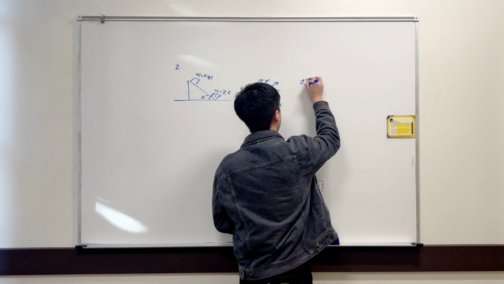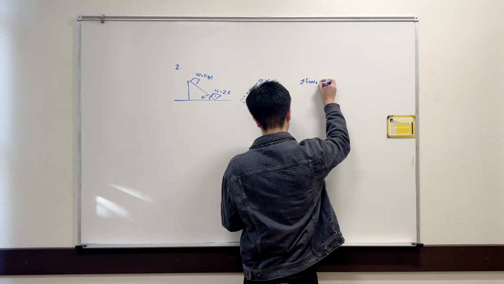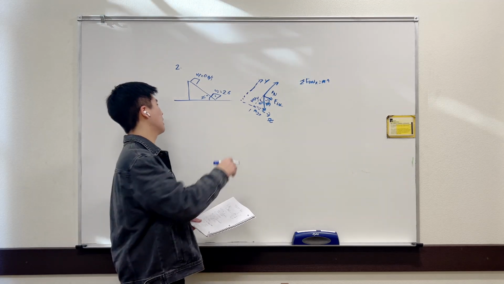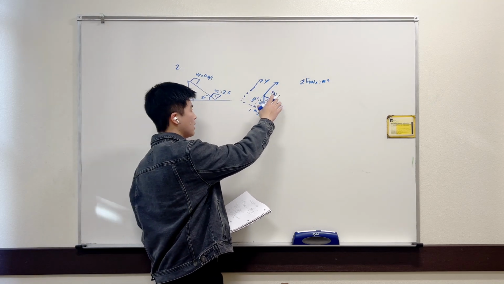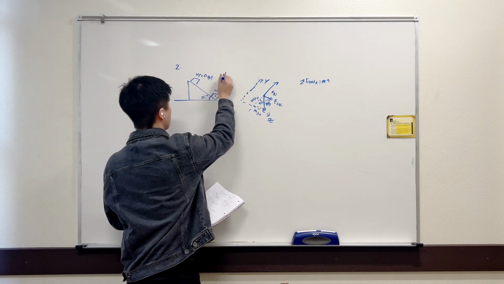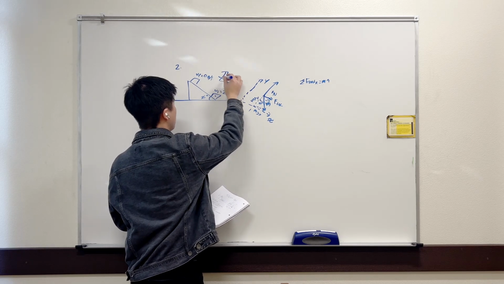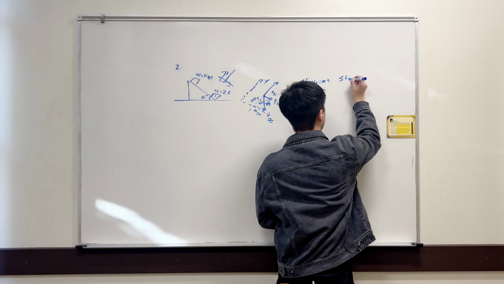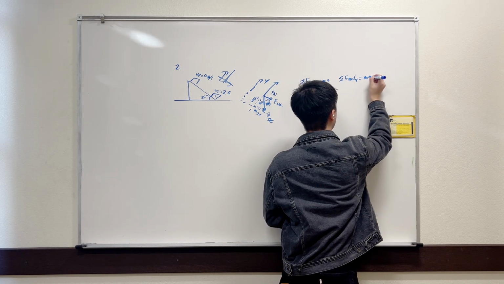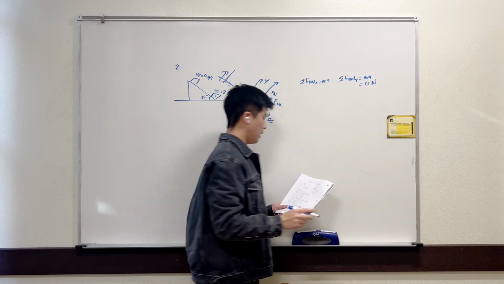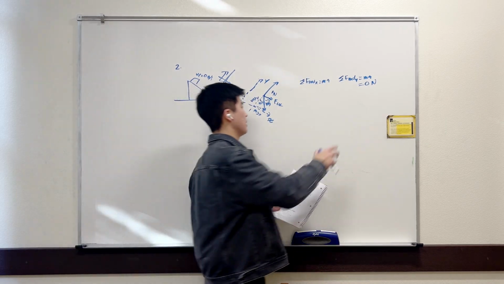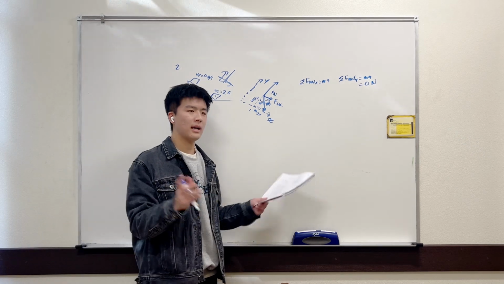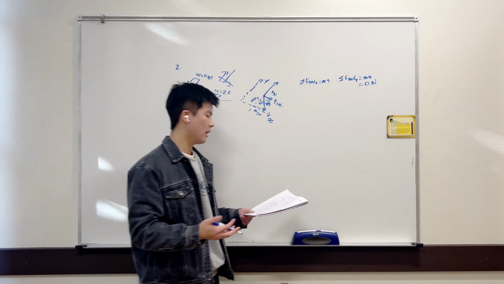So F net of x equals ma. However, since we know how we set it up in our coordinate plane, our object isn't moving in the y direction, it's just moving in this x direction. So like right here, it's only moving along here, it's not going up. We know that F net of y actually equals 0 newtons. And so we don't have to worry about what happens in the y direction. That's the entire point of us setting up the coordinate plane, so we can isolate it, make it simpler, and simplify the physics.